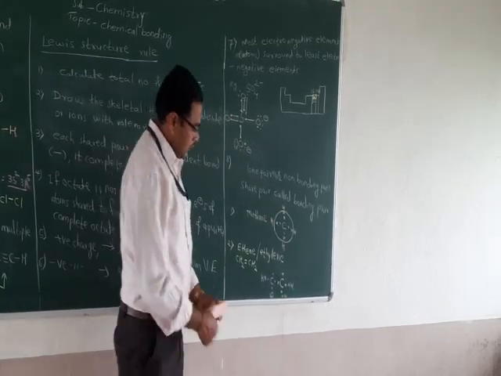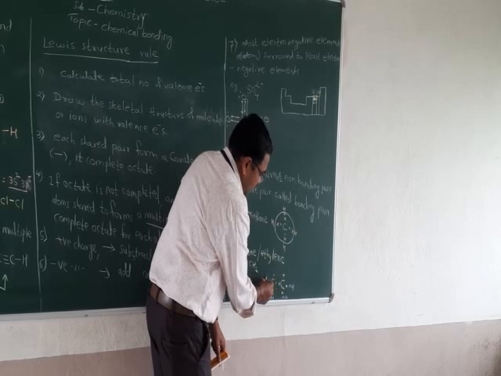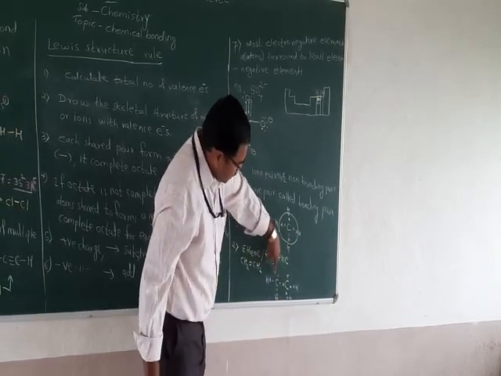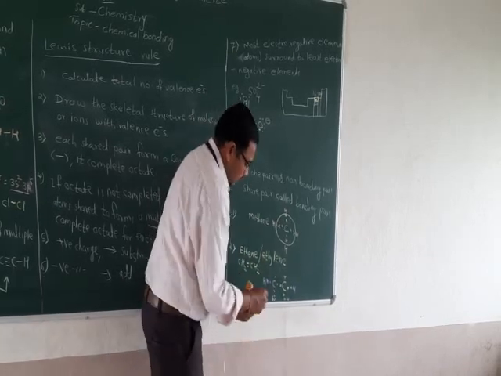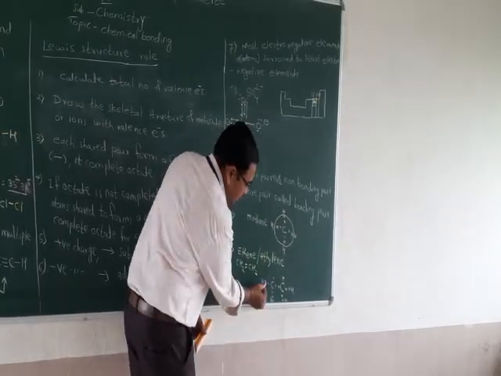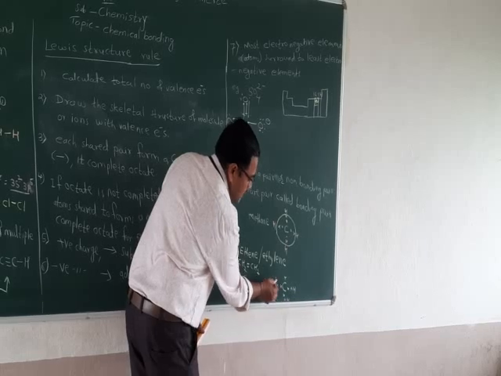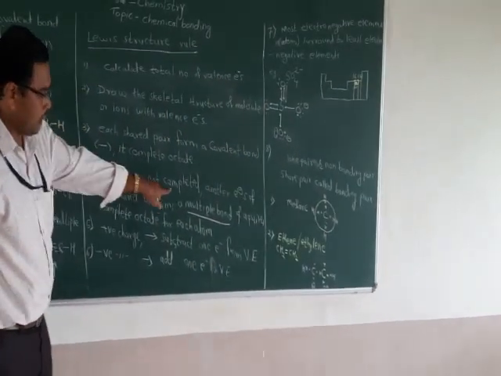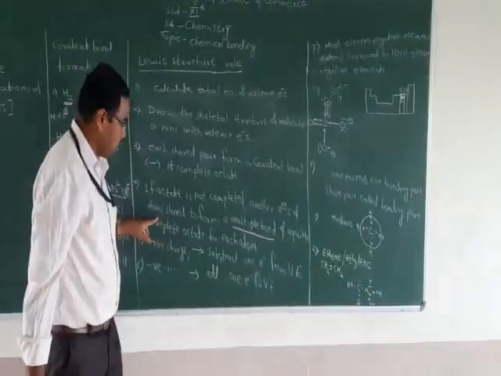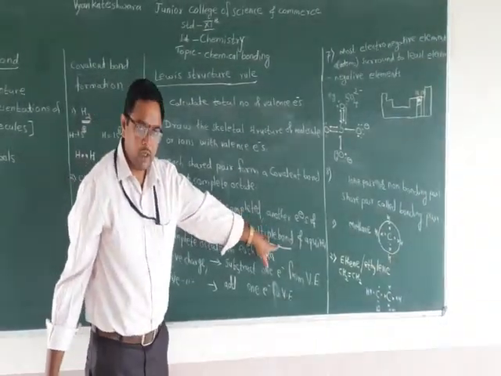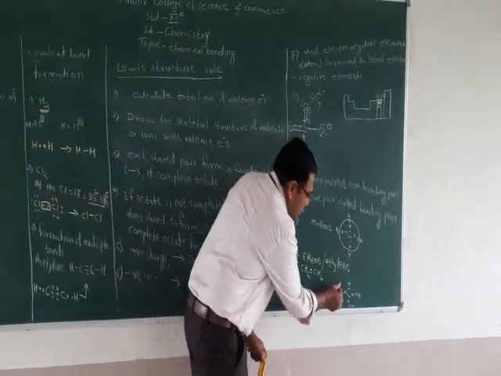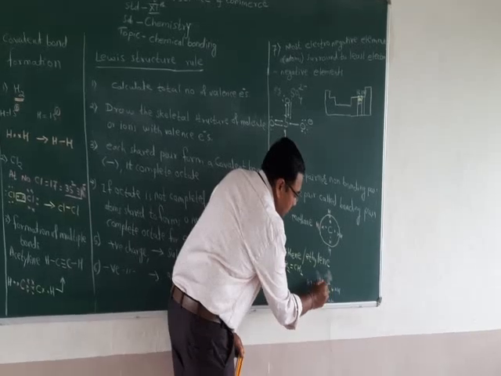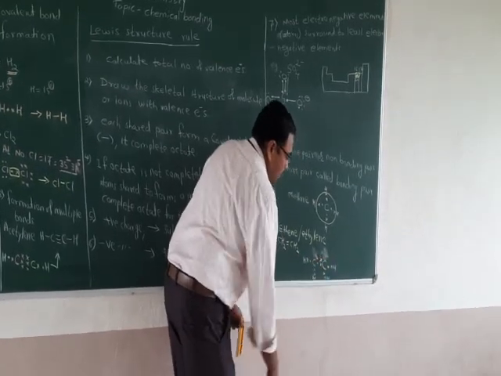In this case, complete formation of the octet is not possible because the total number of electrons in this example is 1, 2, 3, 4, 5, 6, and 7. If the octet is not completed, then other electrons of the atom are shared to form multiple bonds. Then these 2 electrons are shared with each other and form a multiple bond, an electron pair.